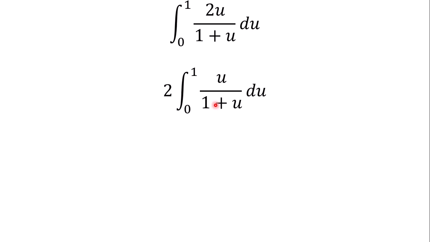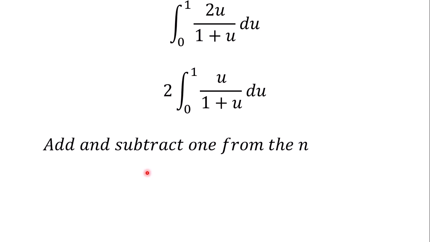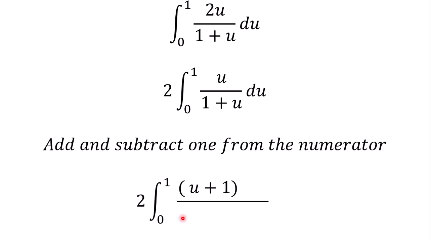Okay, so let's add and subtract 1 from this numerator here. Good. So as I was saying, u plus 1 and then minus 1 all over 1 plus u.